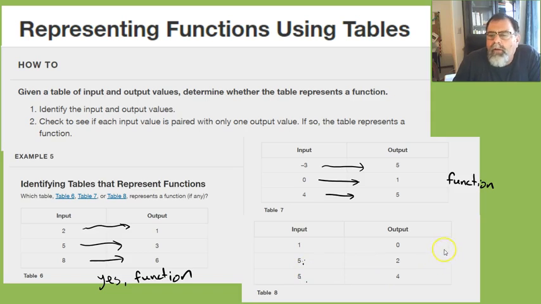So that one would be no. So you're looking if you see any repeated input values or any repeated x's that get 2 different y values, that'd be like in our arrow diagram, 5 would get 2 different values, right? 2 and 4. So that'd be no, not a function.